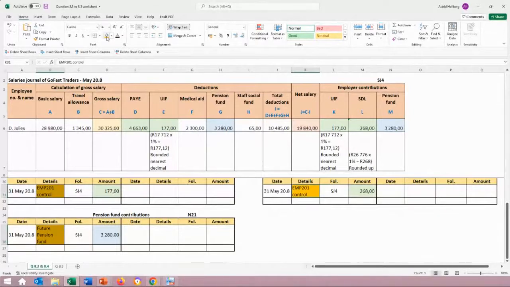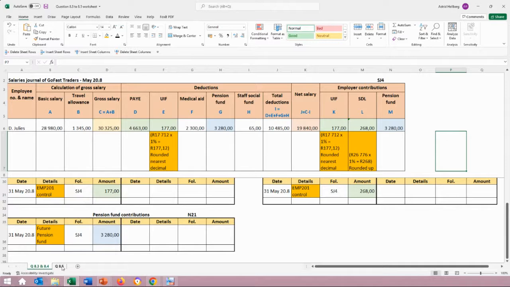So they either did not fill them in or they did not know the accounting names. But the rest of it they could pretty much do. And then the other thing students got incorrect was generally the UIF and the SDL calculations. That is where students made the biggest mistakes when they did this question in the previous year. So that is just something to take note of, that you do not make the same mistakes in your exam in the current year.